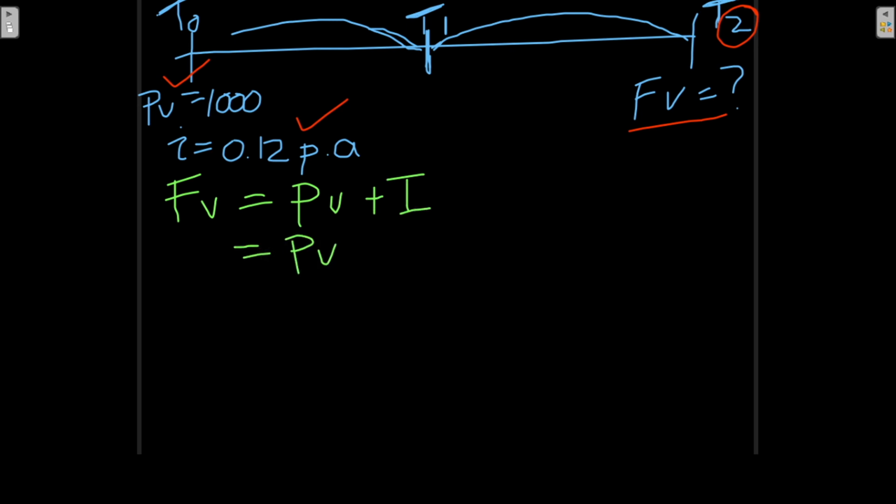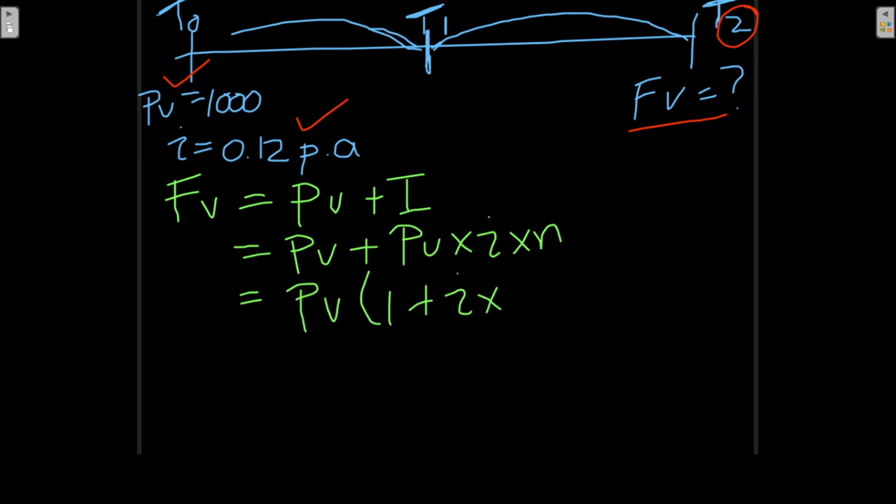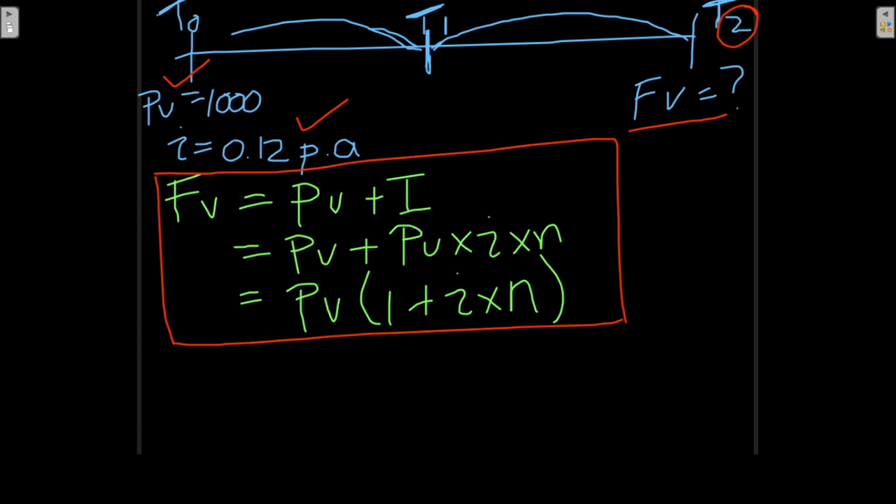But we also know that the interest is equal to the present value times the interest rate times the number of interest periods. And we can simplify this now by taking out the present value as a common factor, and then we have future value equals present value times (1 plus I times N). And this is the basic formula for simple interest.